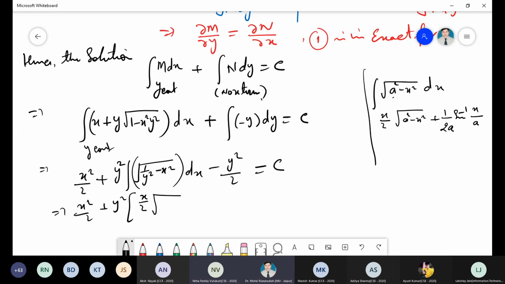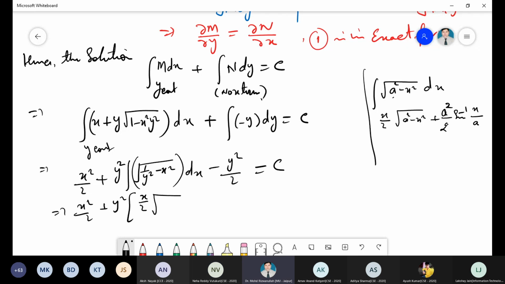Sir, I have checked the formula on the internet: it is x by 2 under root a square minus x square plus a square by 2 sin inverse x by a. Okay, fine. Yes, it is a square by 2 and then sin inverse x by a. Is it correct now? Yes sir.